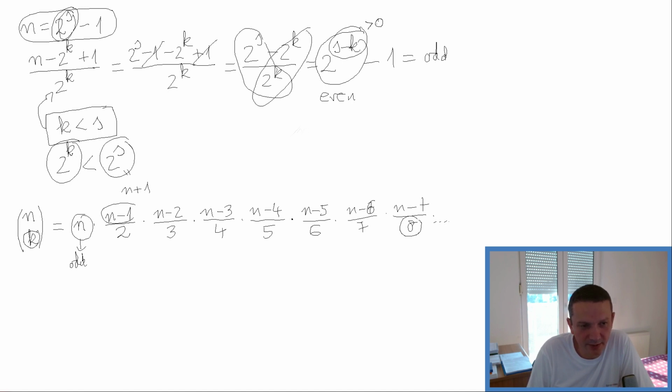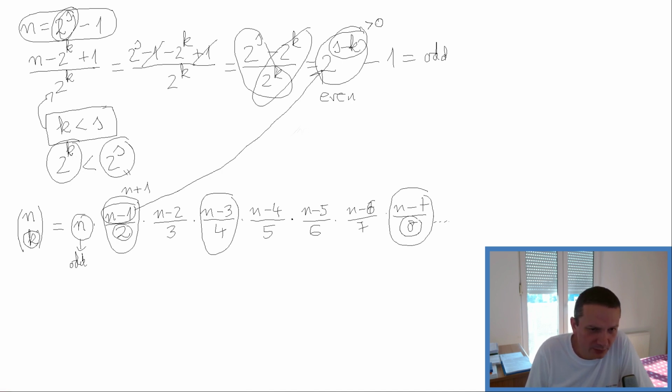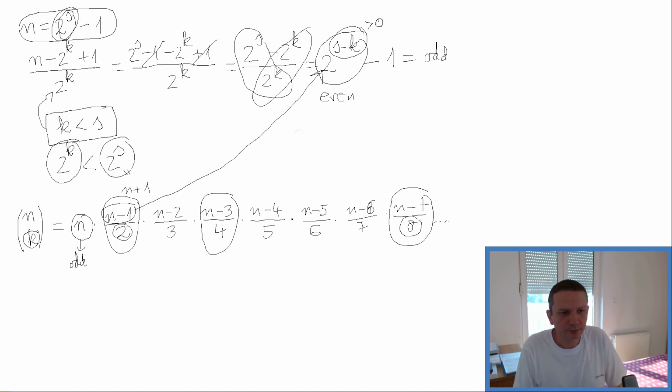n minus 1 is even, over 2 is clearly odd, but this is odd because we proved above that all those fractions which have powers of 2 in the denominator, 2, 4, 8, 16, and so on, are odd.